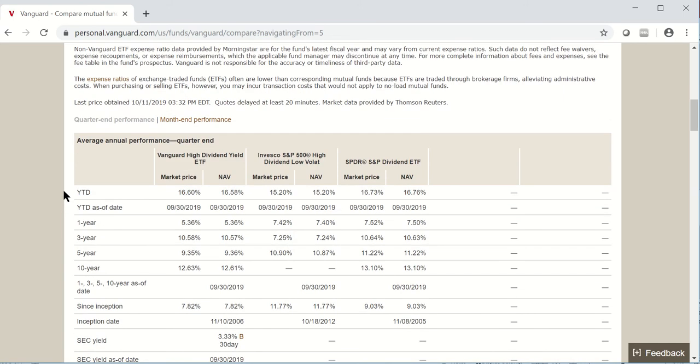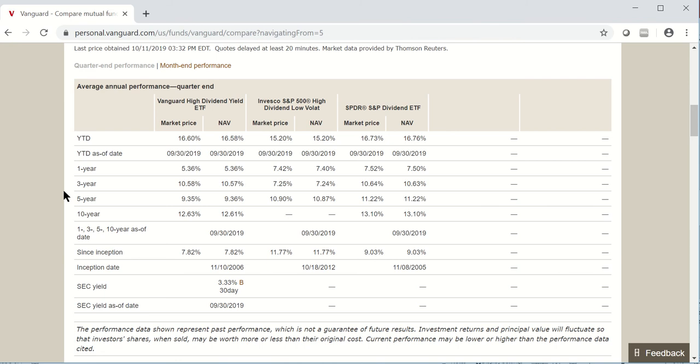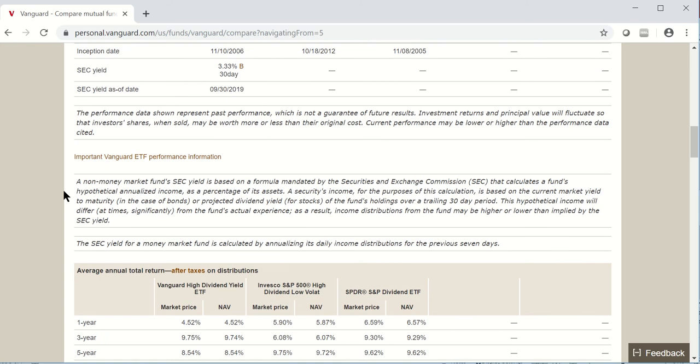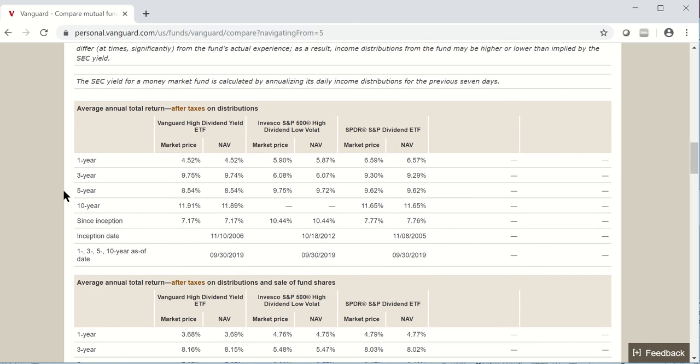Then I will scroll down and see what the returns and yield are. So look at the annual return. For the average annual return over a 10-year period, Vanguard is giving about 11% stock price, SPDR 11%.